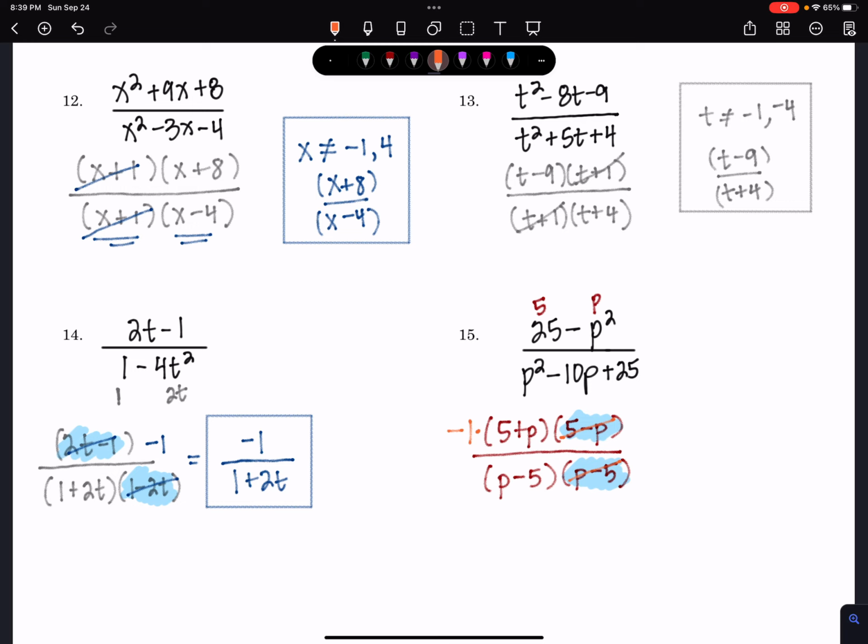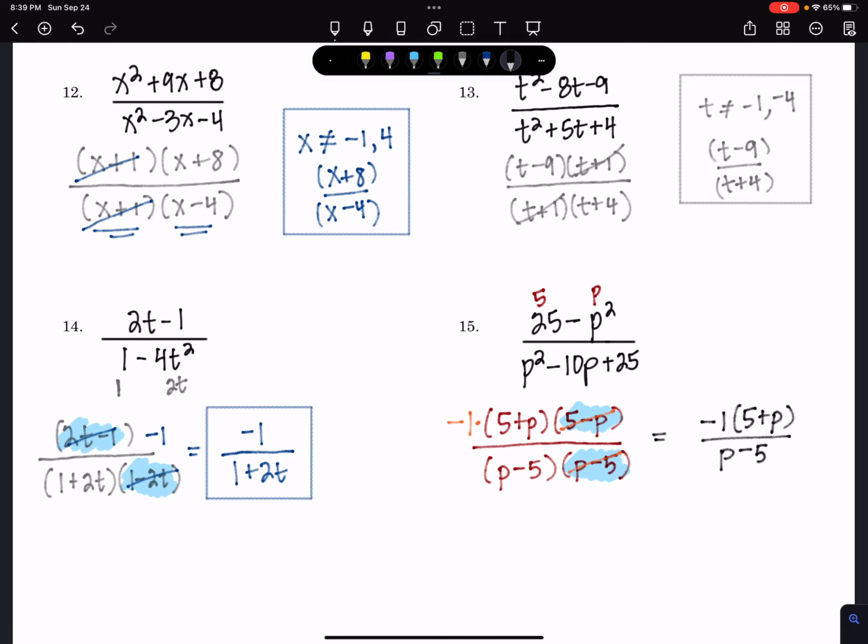So in the numerator, I've got negative 1 times 5 plus p, and in the denominator, I've got p minus 5. Now, lots of different ways that I can write this. I can say, well, let's distribute that negative 1, and I'd have negative 5 minus p over p minus 5.